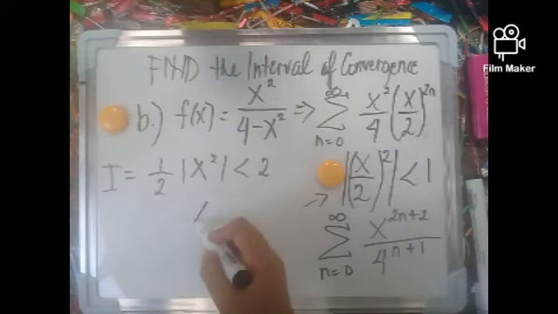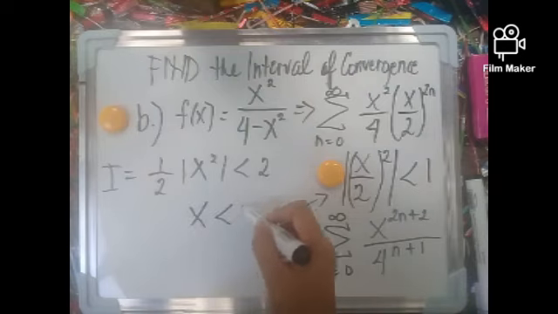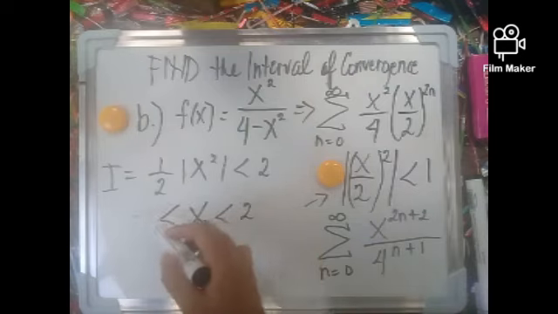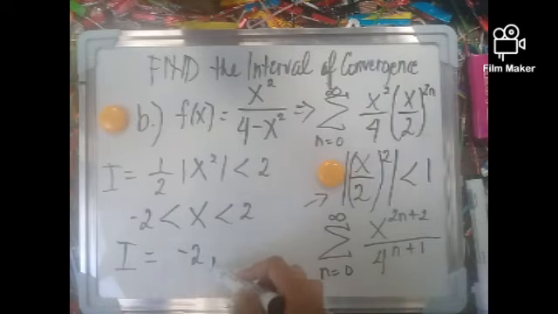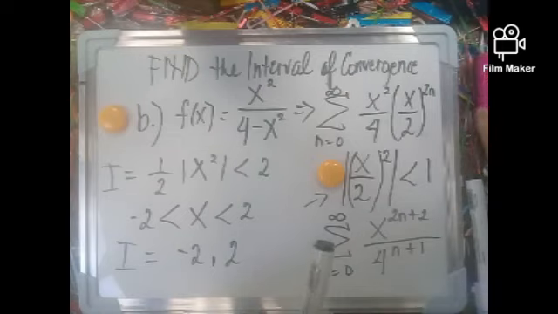So, we have here x less than 2 but greater than -2. So, obviously, our interval of convergence are -2 and 2. So, that's our interval of convergence.